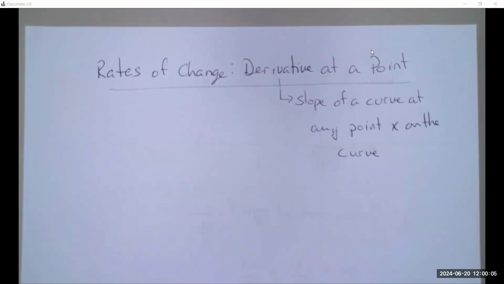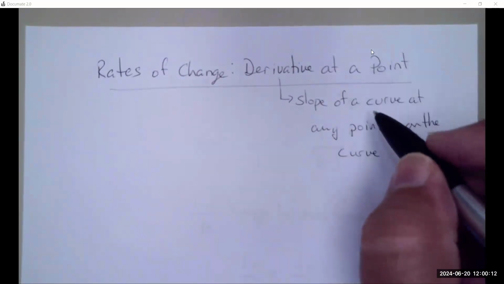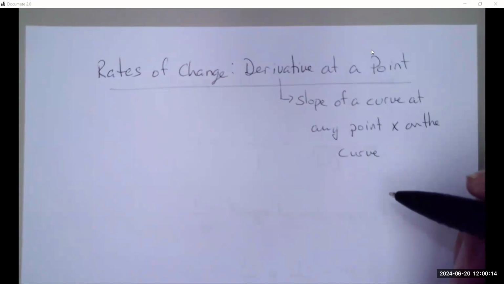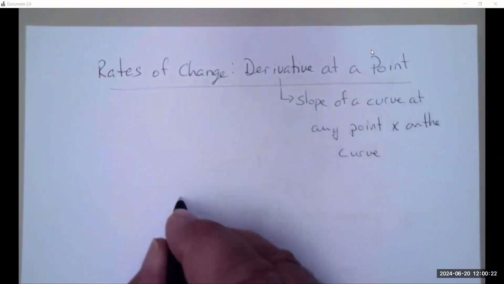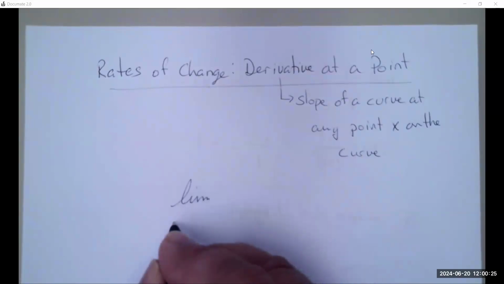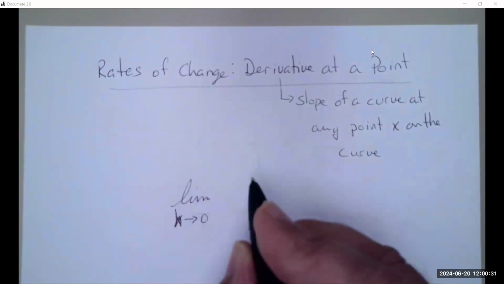Does that definition look familiar? The slope of a curve. In other words, it's the slope of the tangent line at any point on the curve. Does that definition sound familiar? Just did that. As h goes to 0.